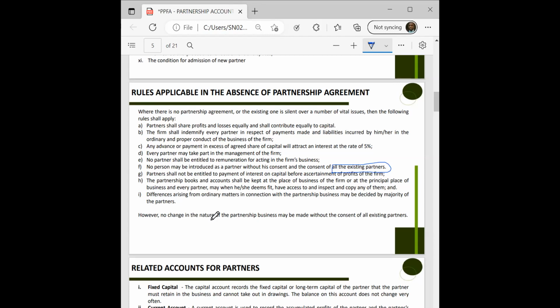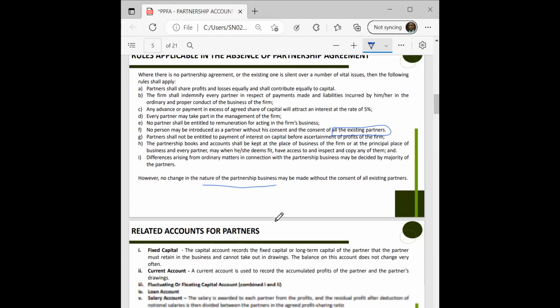So you can't change the nature of the partnership business. By changing the nature, you can say we were doing accounting before, we were a tax firm before, now we want to be an engineering firm, right? You can't change the nature of the business. All the partners must consent. And if you guys don't want, go and form another partnership business.